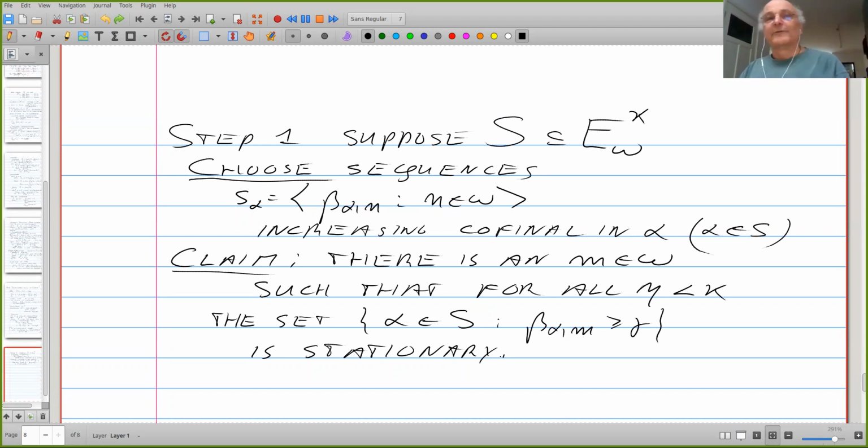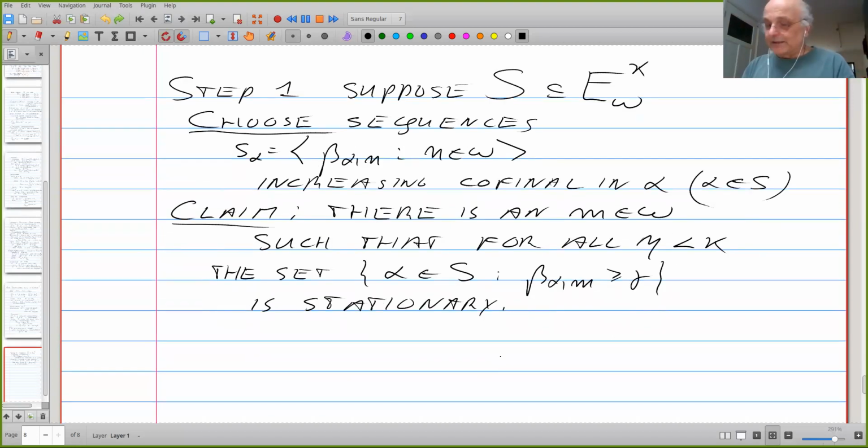If alpha 1 is way smaller than alpha 2, then the sequence that goes with alpha 2 should at least rise above alpha 1 eventually. And so the beta alpha n's tend to get bigger. And the claim says there is even a fixed n such that the nth member of many of the sequences are already quite high.